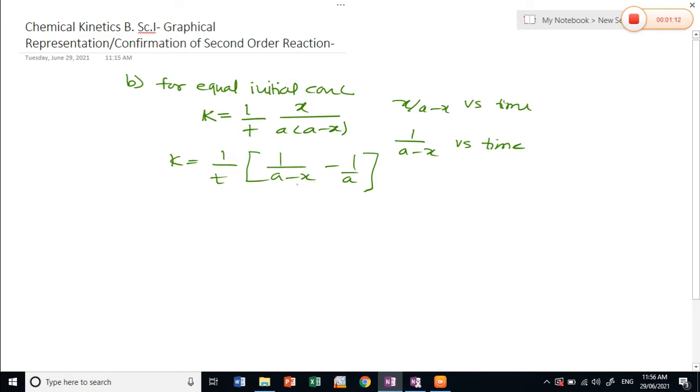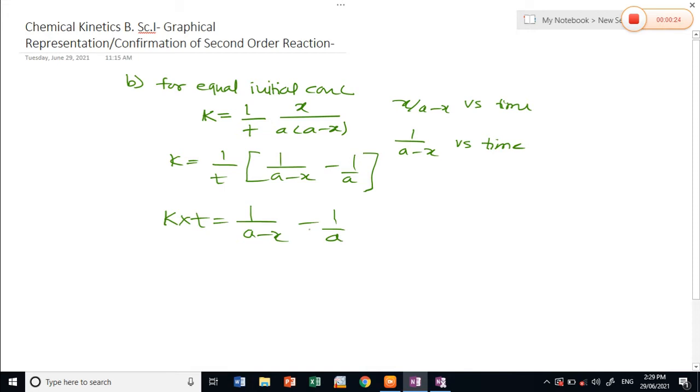So while discussing the derivation, I also told you to remember this formula. So here we have to take the t on this side, so it will become k into t is equal to 1 upon (a minus x) minus 1 upon a.